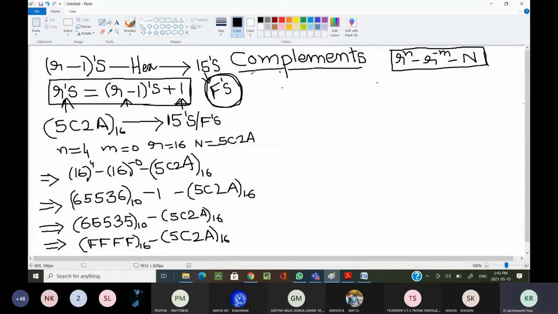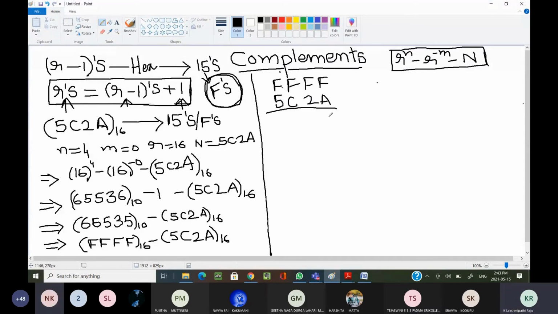Now you know how we are performing subtraction. 4 F's minus 5C2A. Now F minus A, what are we getting?